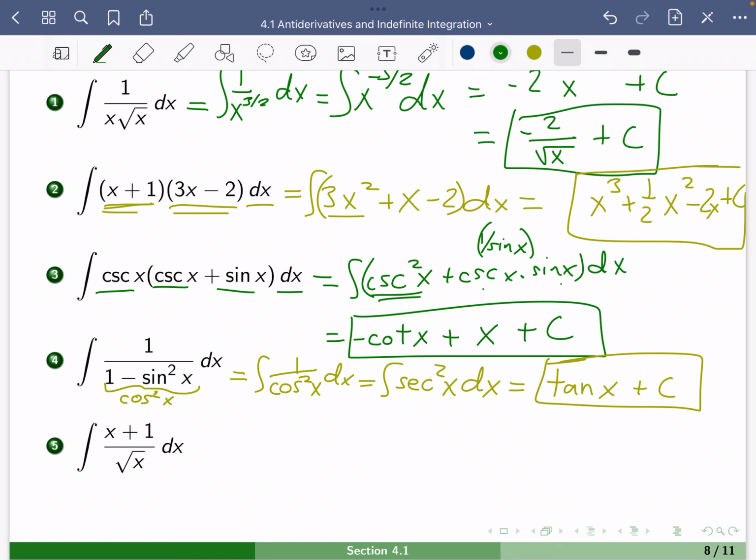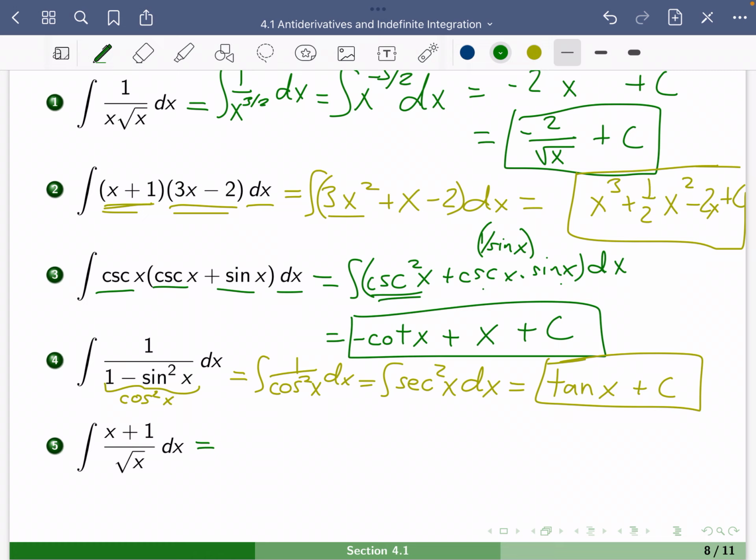All right, here we have x plus 1 over square root of x dx. We're integrating that. So again, we might be tempted to integrate the top and bottom separately, but that is not allowed. We can't do that. We can integrate sums separately or differences separately, but not products or quotients.